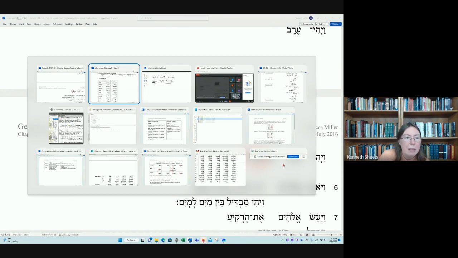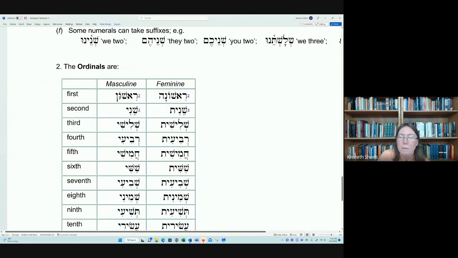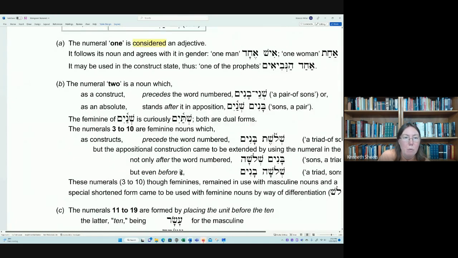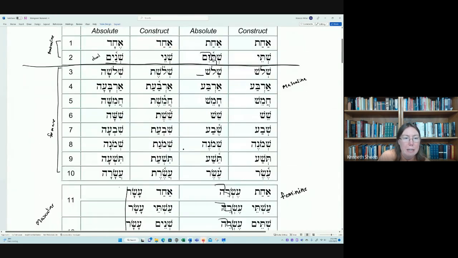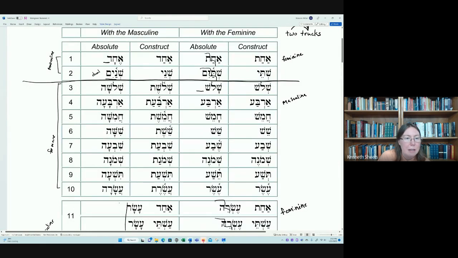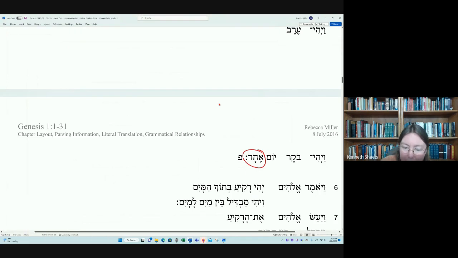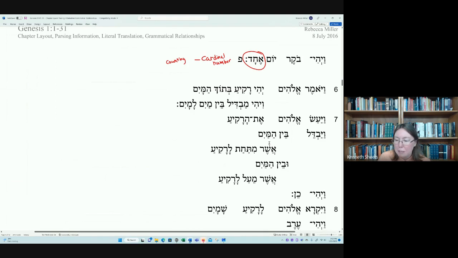Now, we would think if this were an ordinal number, we should see rishon, but that's not what we see here. What we see here is this number, echad. So this then is actually going to be a cardinal number. That is, it is that counting number.